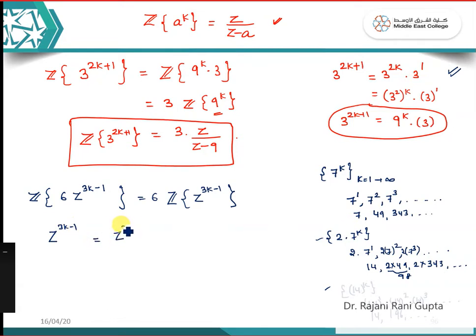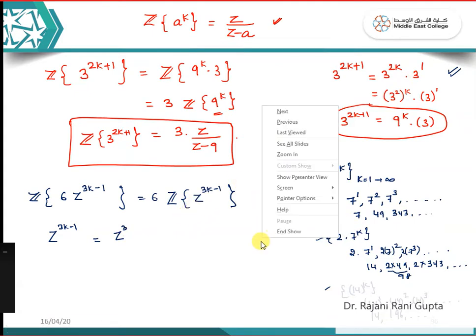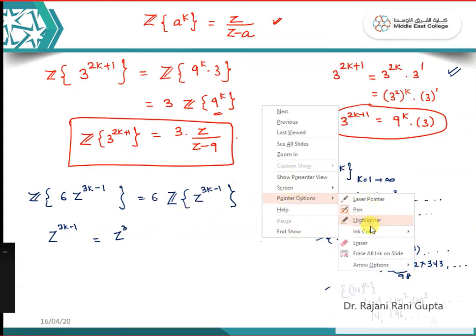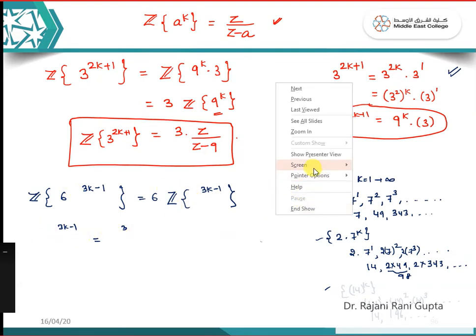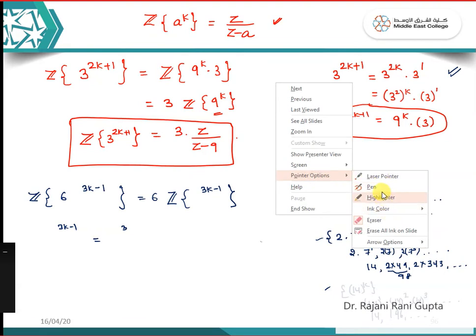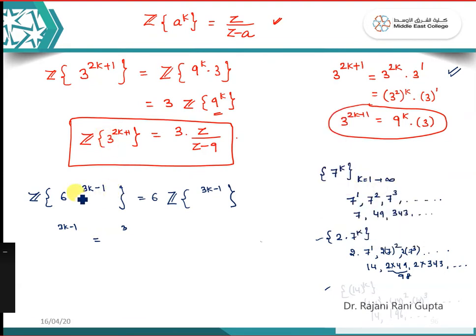Wait a minute. In place of z, it should be a number. Sorry, it's by mistake. It should be a number, say 5. So 5 to the power 3k minus 1.